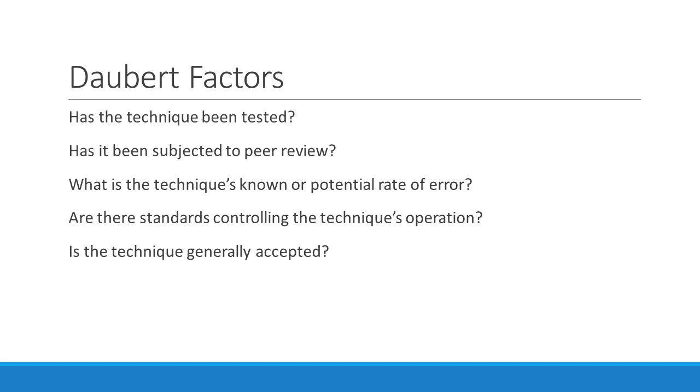And that was viewed as too stringent in the Daubert case because there are new techniques that could be used that would have sufficient reliability or validity, but because they're new, they might not yet have garnered general acceptance.